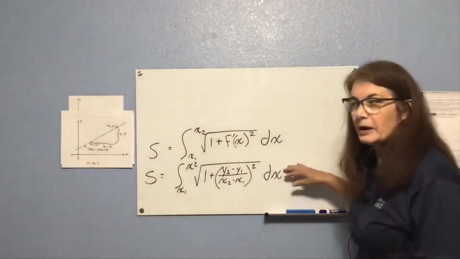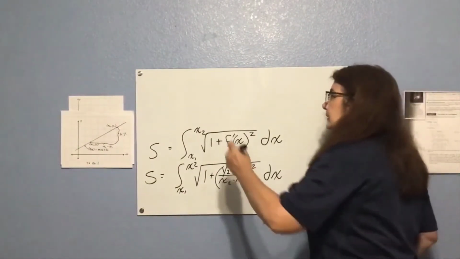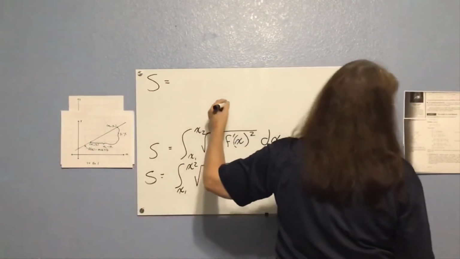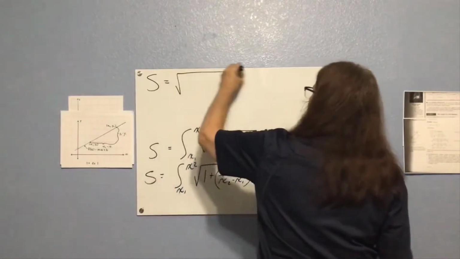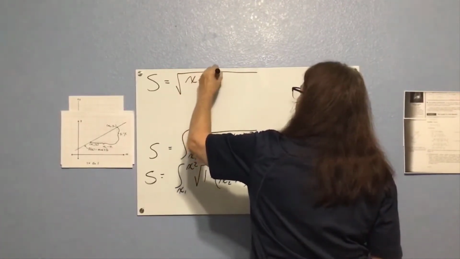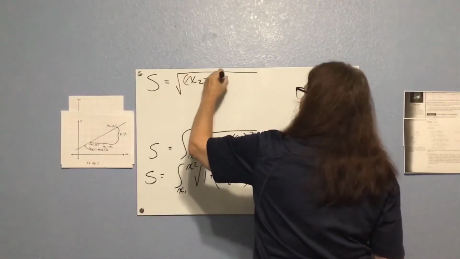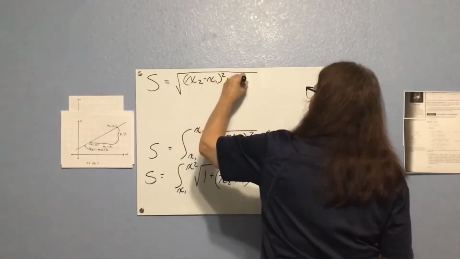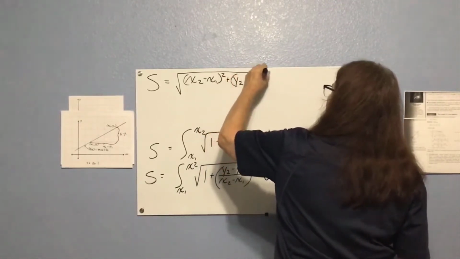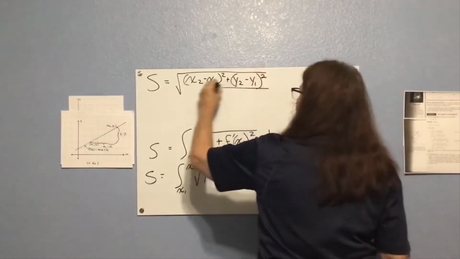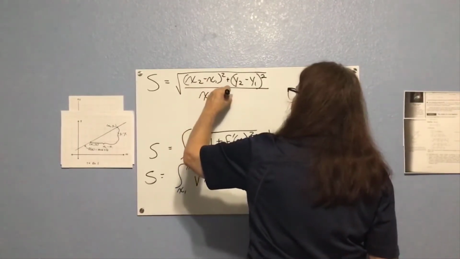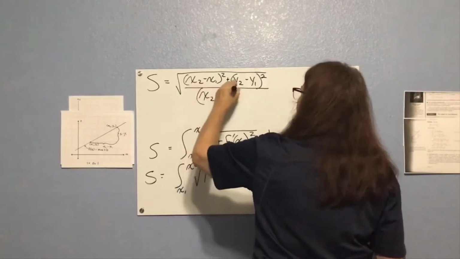When I take this expression and integrate it, this is what I get. x2 minus x1 squared plus y2 minus y1 squared divided by x2 minus x1 squared.